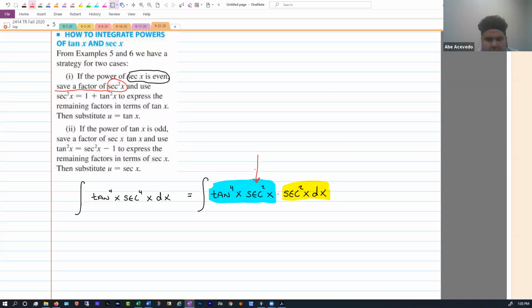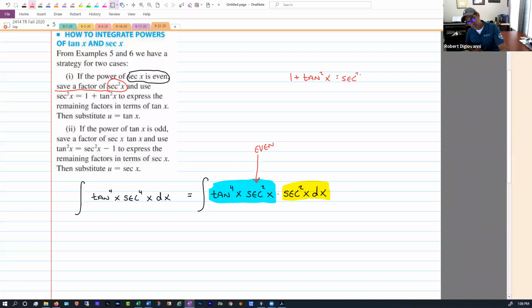Now, had we started with secant squared, just secant squared here, then we would have had a basic U substitution just to start, because the derivative of tangent would have been secant squared. So it would have been more straightforward than we have here with the secant to the fourth. So because we know that this is going to be an even power, we're going to use the Pythagorean identity to rewrite that in terms of tangent. So we're using this identity, 1 plus tangent squared x equals secant squared x, right?